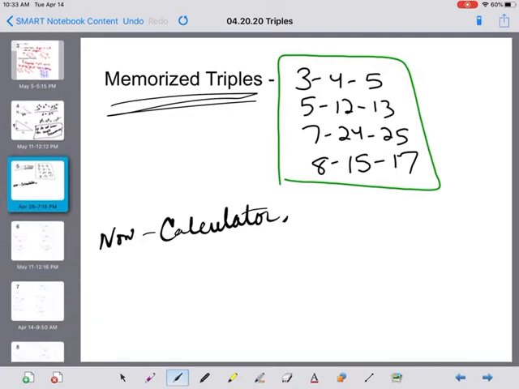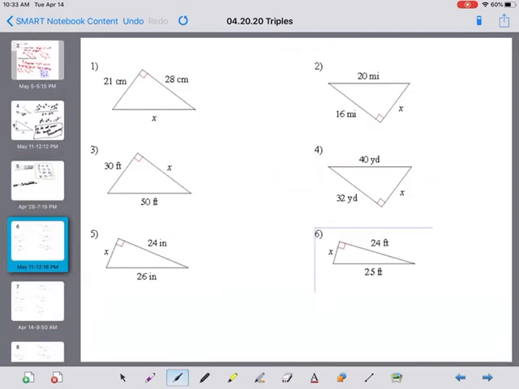Okay, so let's go ahead and practice and look at when you would use this. So here we have missing sides of right triangles. You could always use the Pythagorean theorem as a method. You may not use the special 30-60-90 and 45-45-90 shortcuts because we don't know the angles here. So just because it looks like a 30-60-90 does not make it a 30-60-90.